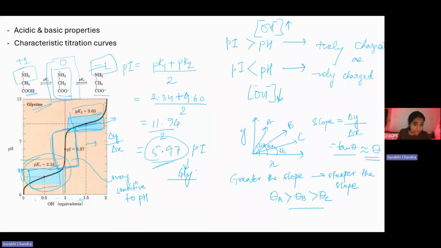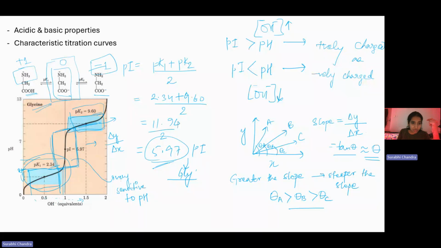Whereas for this part, even after increasing the OH minus by significant amounts, the increase in pH is more or less the same. There's not a significant increase, but here it's very sensitive to increase in pH.